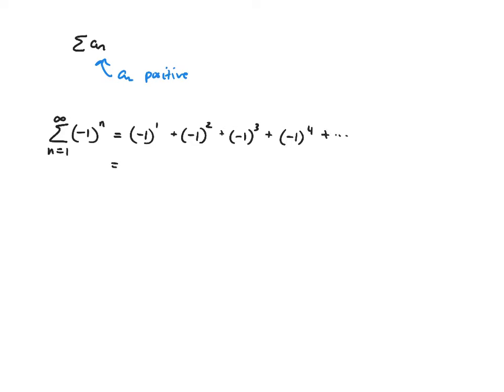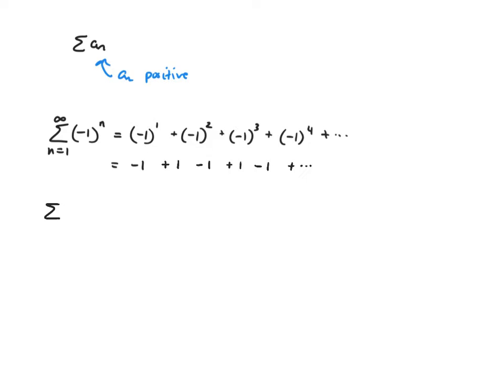Negative 1 to the 1 is just negative 1, but when I take negative 1 and square it, I get positive 1. So it goes plus 1, then multiplying again by negative 1 becomes negative 1, and then positive 1, and negative 1. It continues in that fashion, alternating from negative to positive for all the terms to infinity.